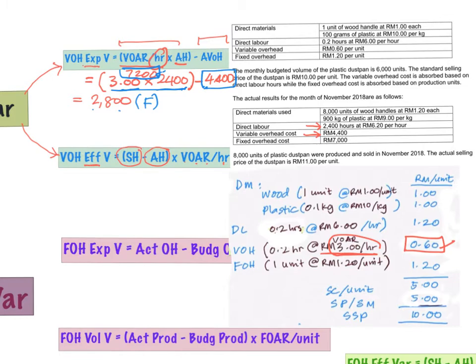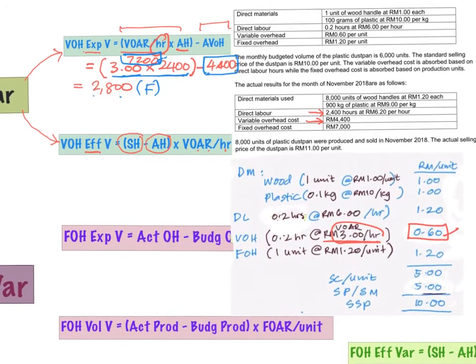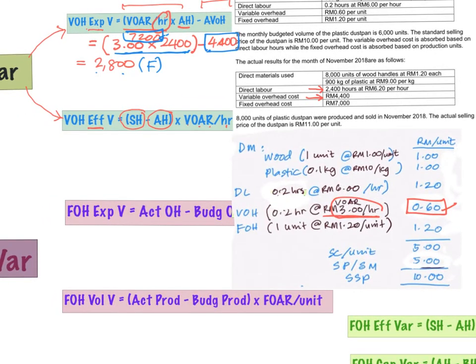So now we look at variable overhead efficiency variance. For this, we are going to use the formula: standard hours less actual hours times the VOAR per hour.